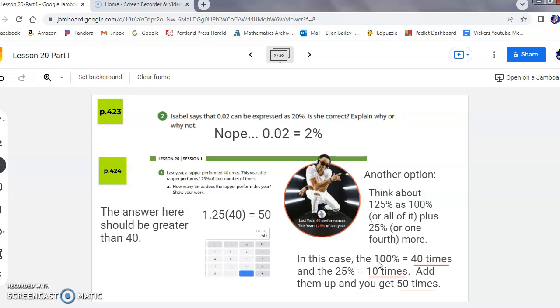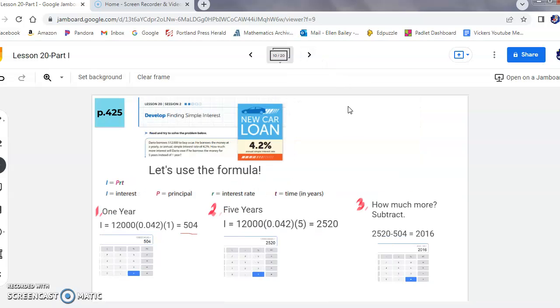In this case, the 100% is the 40 times, and the 25% is the 10 times. Just keep in mind, 25% is 1/4 of something, and 1/4 of 40 is 10, or 40 divided by 4 is 10. Hopefully that makes sense. And then you just add those two things up, the 40 plus the 10, and it gives you 50. Note that's the same answer. Again, I'm hoping people are really getting this, because being able to do this in your head is very helpful, because a lot of times you do have to think about percents on your feet.